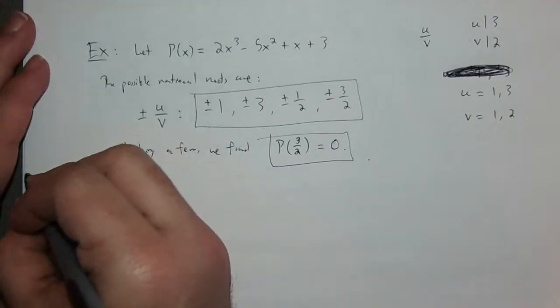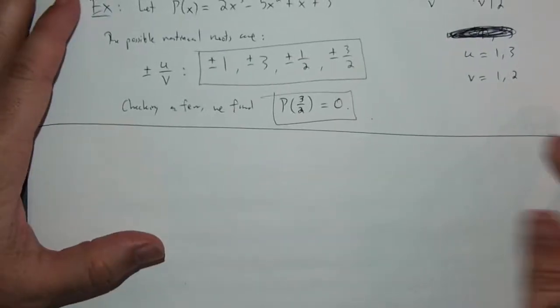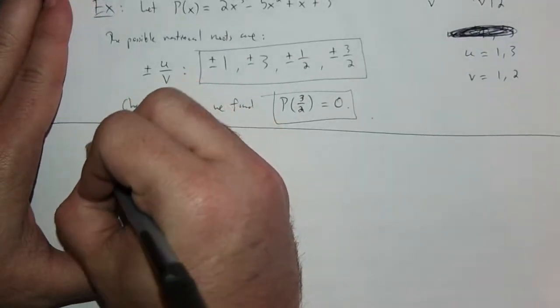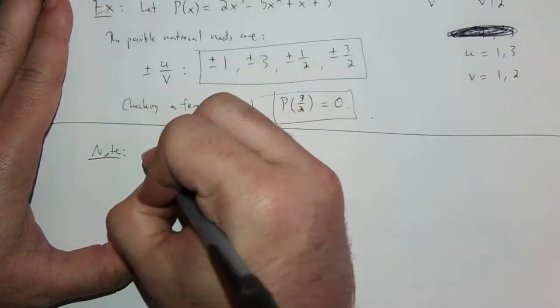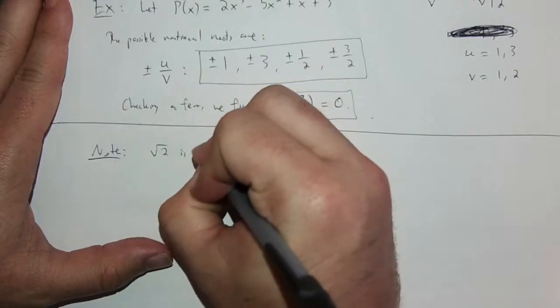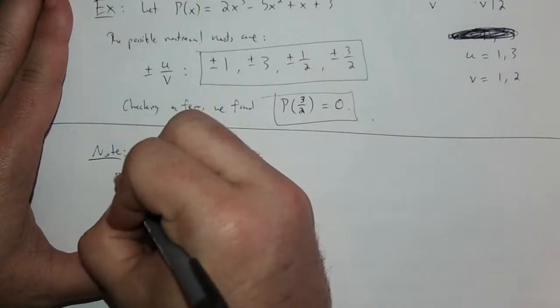Another thing, note, the rational root theorem immediately gives us a proof that square root of 2 is irrational. Just a reminder, and a quick proof of this.